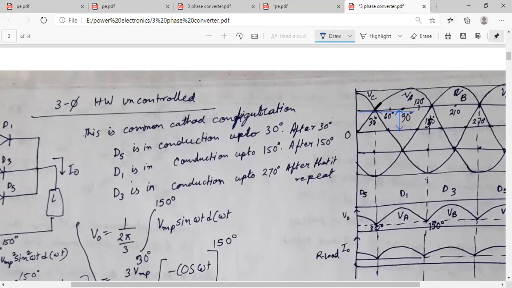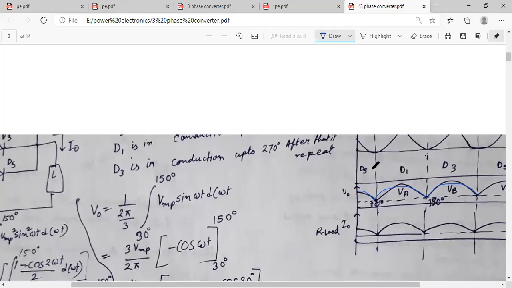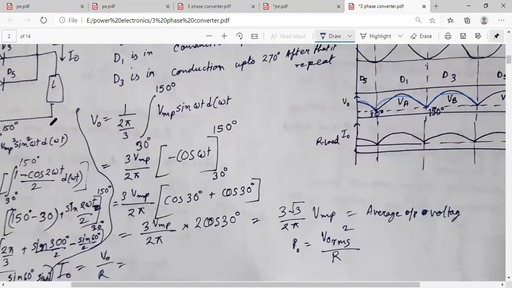So we are getting a voltage in this VA, AB. So the output voltage we are getting a shape of 30 degree, and this is our voltage. It is a bit shifted from exactly as it is. Since it is started from 30 degree, we are getting a shift. Okay, so this is our output voltage.